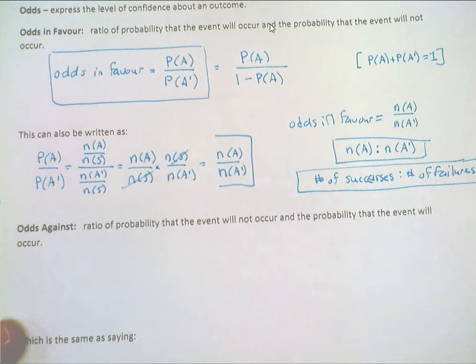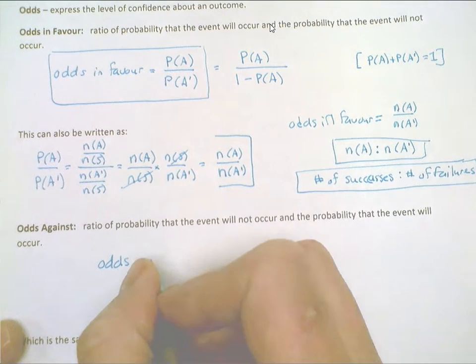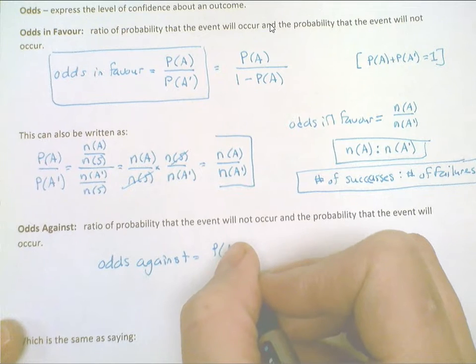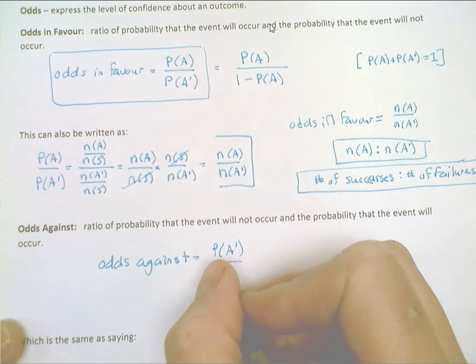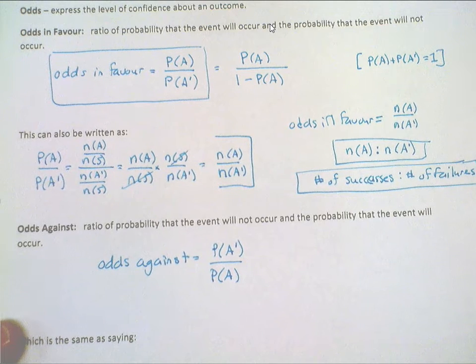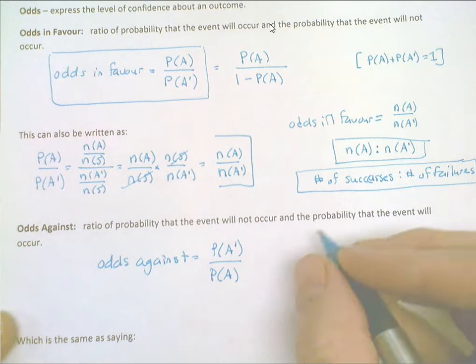Now, odds against are simple. Odds against something happening is simply the probability that it doesn't happen over the probability that it does happen. It's clearly the inverse of the other one.